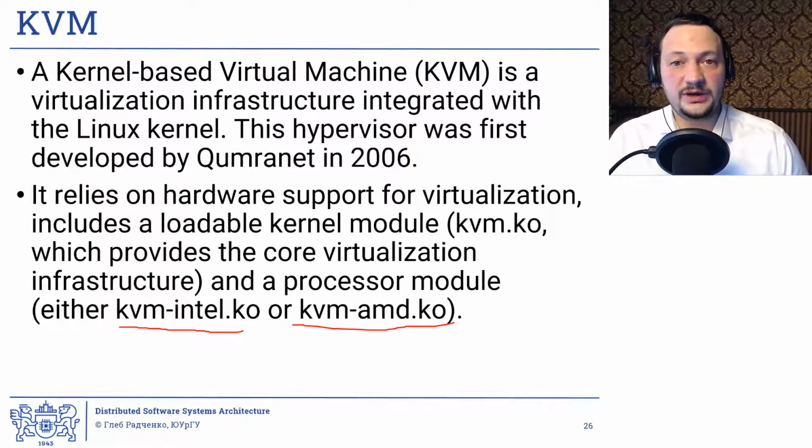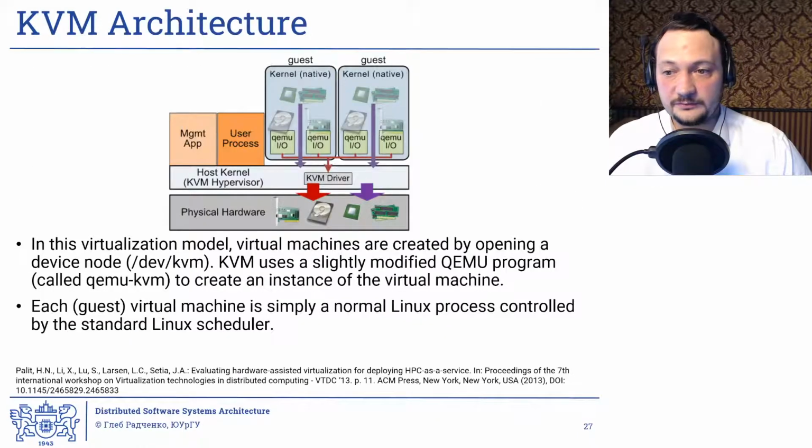So as you remember, in 2006, Intel and AMD provided their processing solutions that natively support virtualization, and almost all processors today, especially server processors, support this virtualization approach. So KVM uses this core virtualization as a basis of its platform.